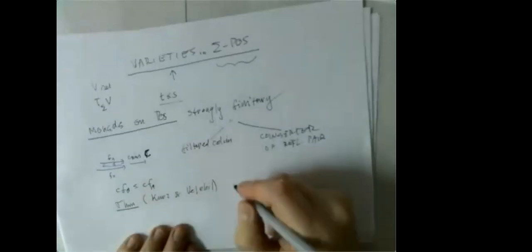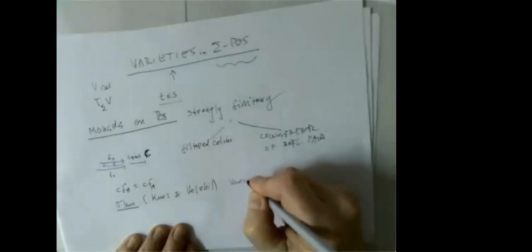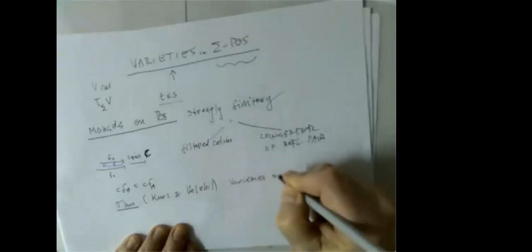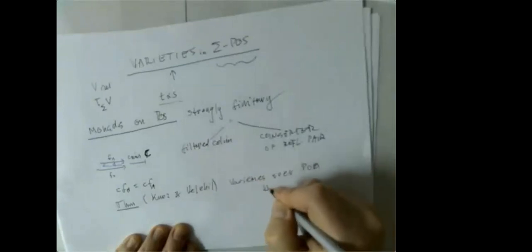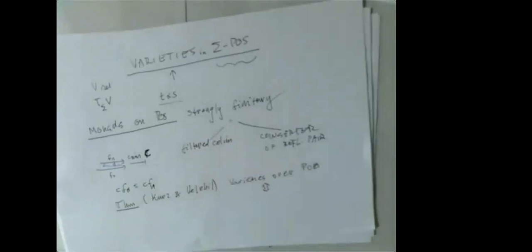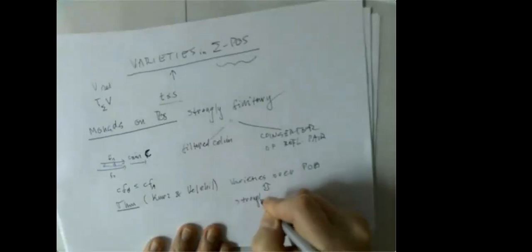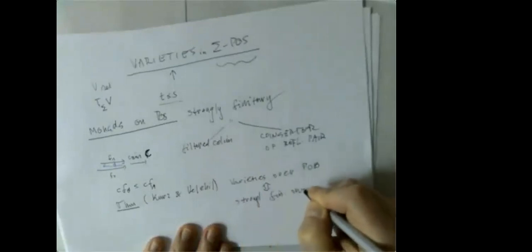And this actually stems from a paper by Kurz and Velebil about 6 years ago, who proved that varieties over cos are precisely, in exactly the same sense as in the classical sense, the strong definitory monads over cos.